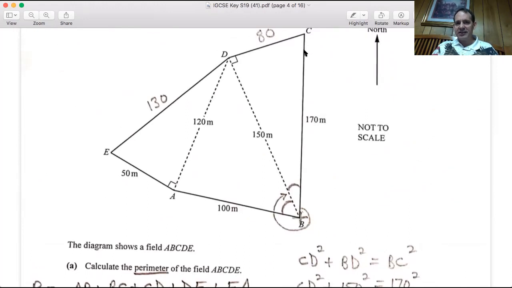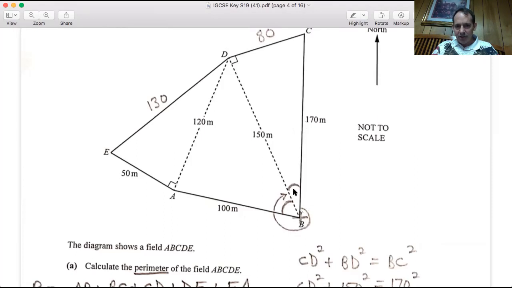It said C is directly north of B, meaning this line right here is a straight north and south line. So we're starting from this north. You rotate clockwise until you are facing the direction that you want to go, which is D. We want to face D, which is this dotted line here. So we'll start from here, rotate around clockwise until we hit this dotted line.